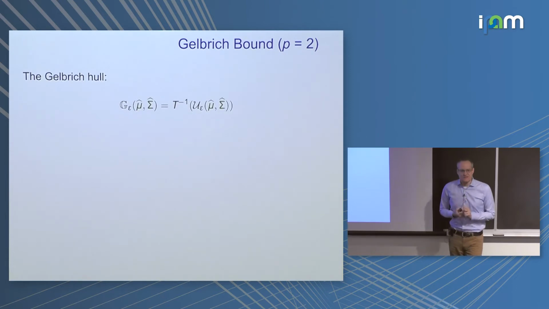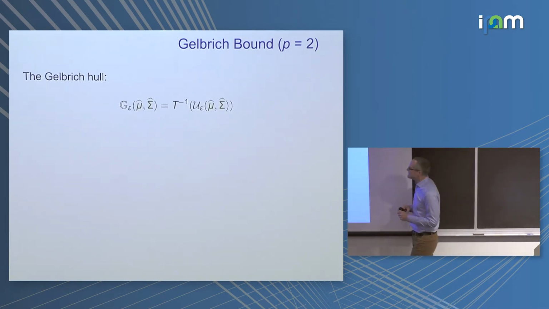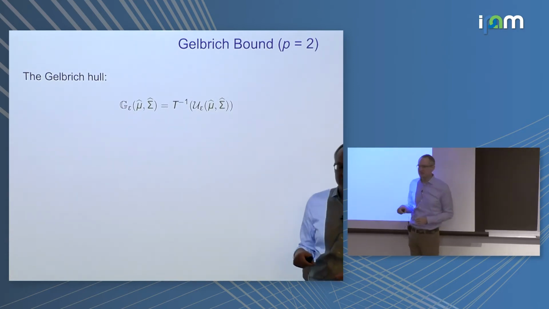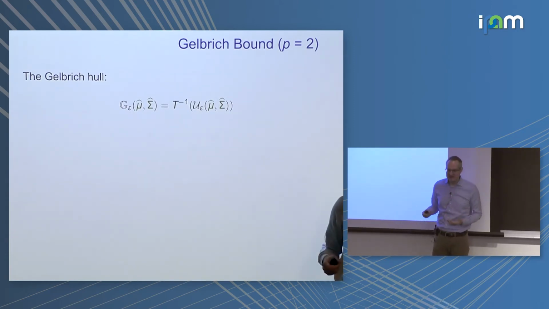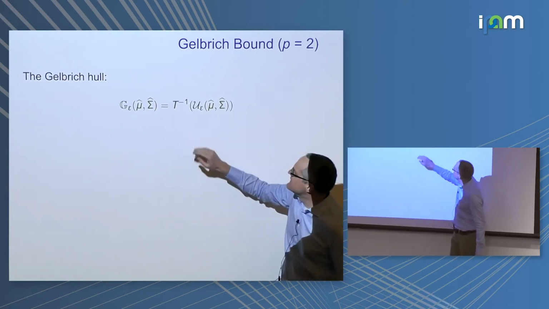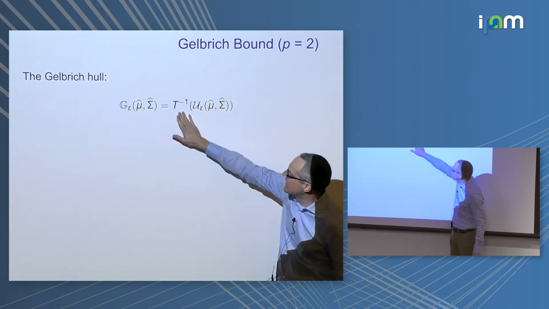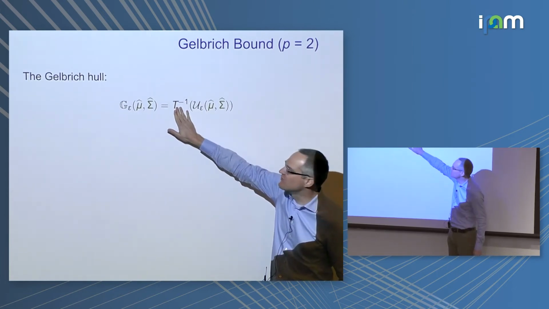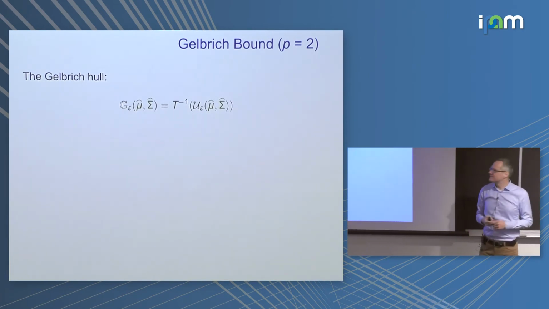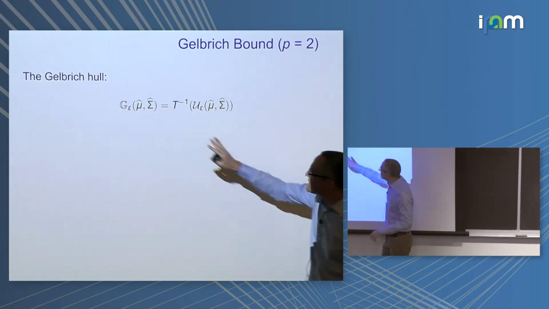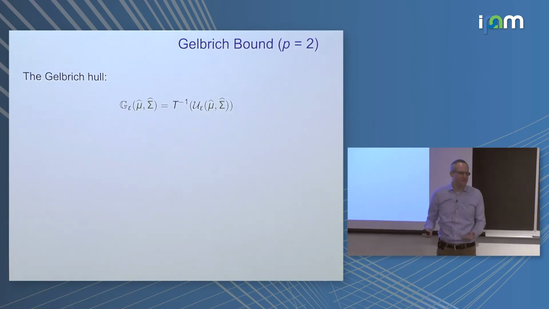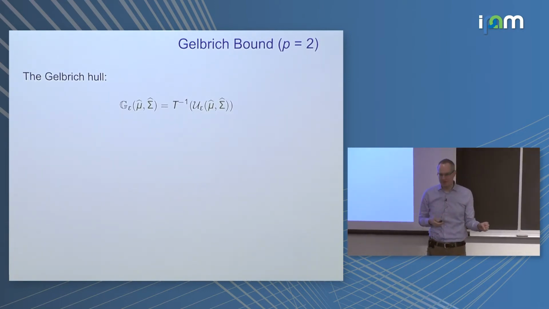Okay, so I'm going to use this T and this uncertainty set to define another ambiguity set, another family of distributions that I'm going to call the Gelbrich hull, and I'm going to denote it by G epsilon. I define it as the pre-image of the uncertainty set under this mean covariance projection T. By definition, this Gelbrich hull contains any distribution whose mean vector and covariance matrix reside in the uncertainty set U epsilon.